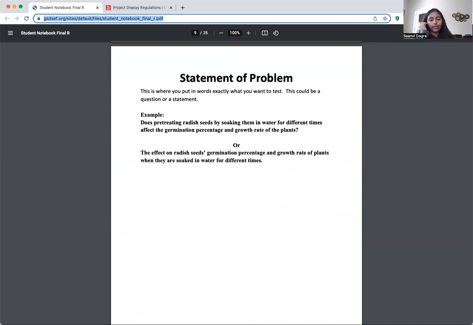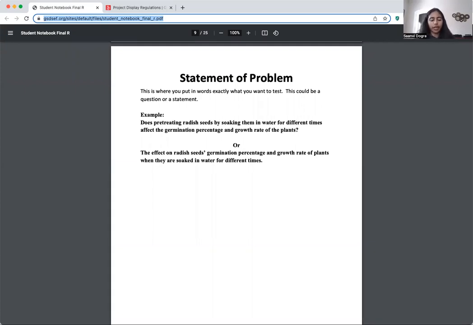Okay. So then after the review of literature, there's the statement of problem. And this is where you explain what you typically want to. So this will be either a question or a statement. And it's basically your research question about what exactly you're investigating and what question you want to answer with this experiment.